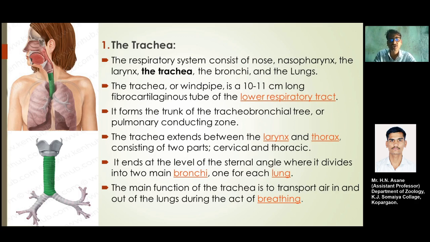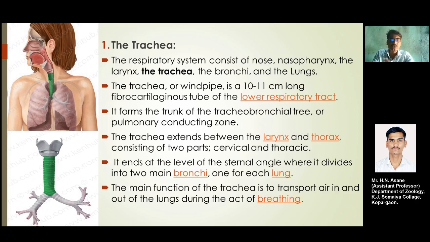If you invert this trachea, you will see a tree-like structure in the downward direction. That's why it is called the tracheobronchial tree. This trachea extends from the pulmonary conducting zone, and extends between the larynx and thorax, consisting of two parts named the cervical and the thoracic parts.